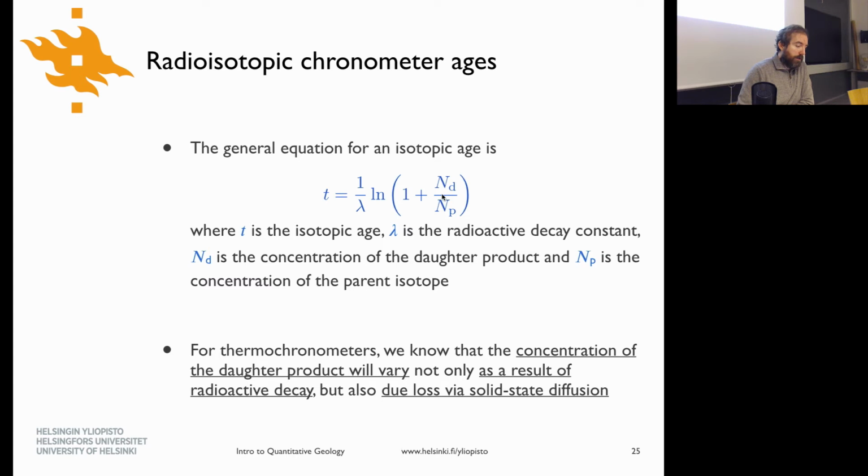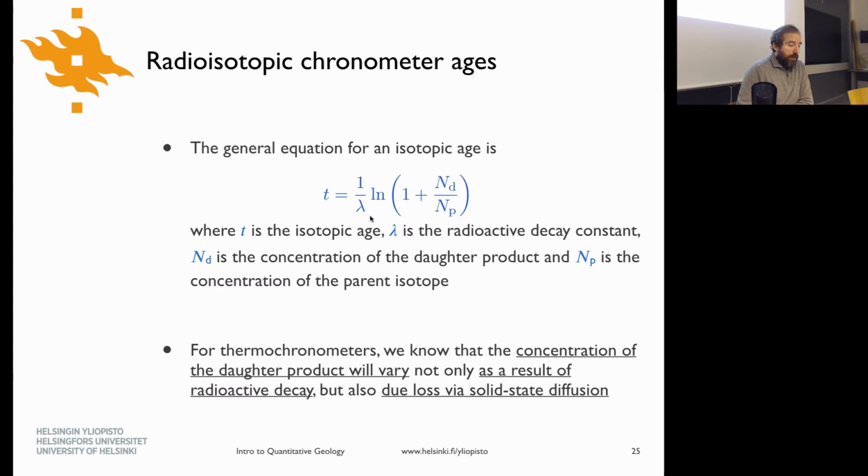Essentially, you need to know how much of the daughter isotope you have, so that's Nd in this case, how much of the parent isotope you have, Np, and then lambda is the radioactive decay constant. It's related to the half-life. So perhaps that's a bit more familiar, but this is basically just how frequently the decay is occurring.